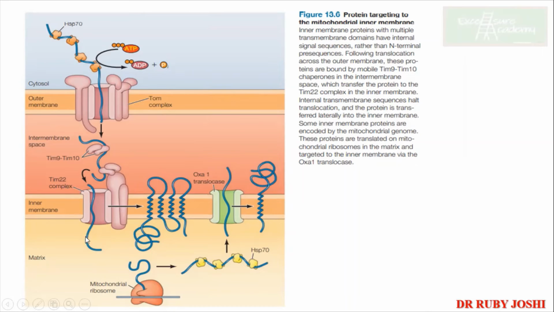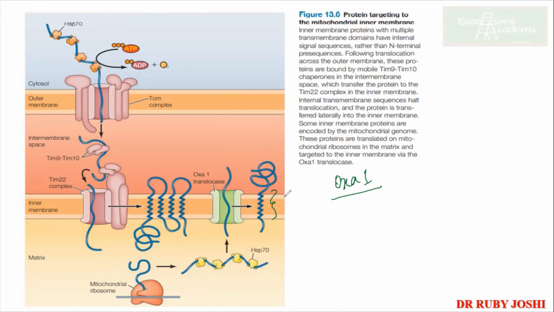Then you can see how over here it is coming, it gets formed over here, right? And we have different translocases, OXA1, if it is a single one. Now you will have to remember all this to understand the difference also. I'll just write it for you. See, if it is a single spanning membrane protein, then it goes to your OXA1 translocase.